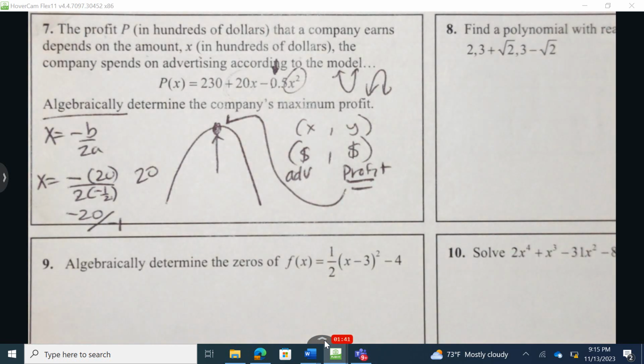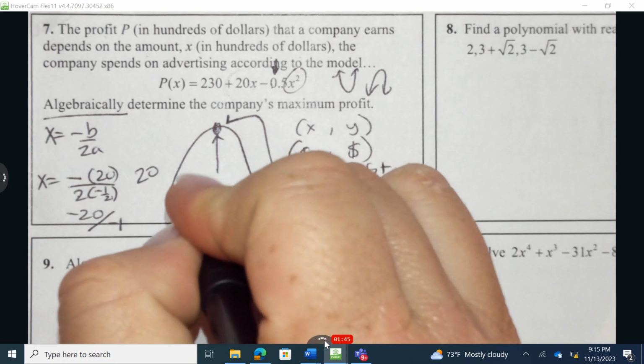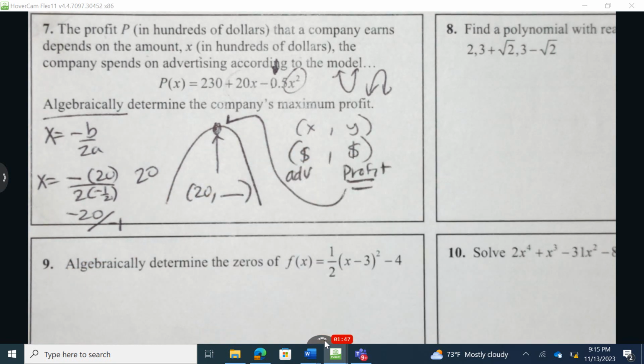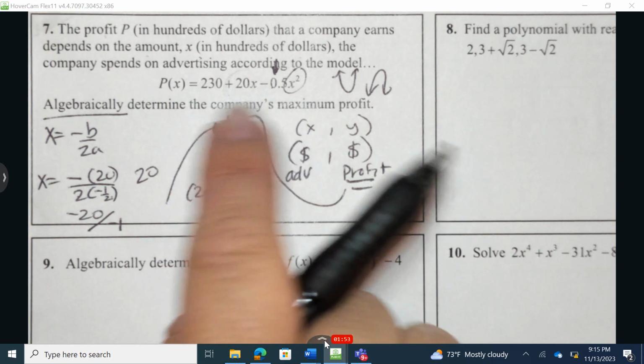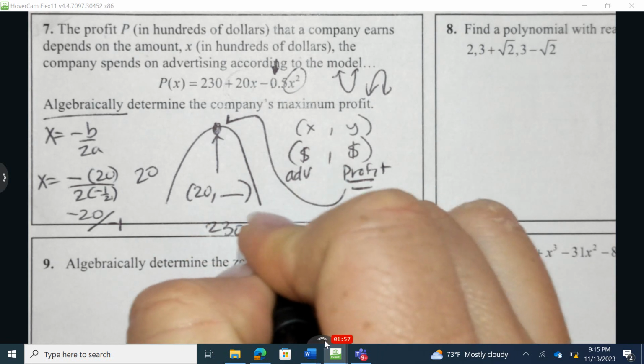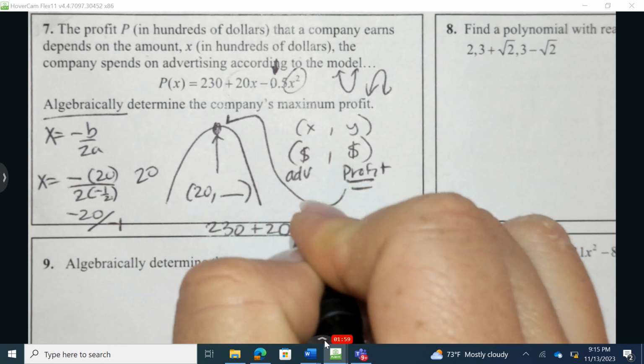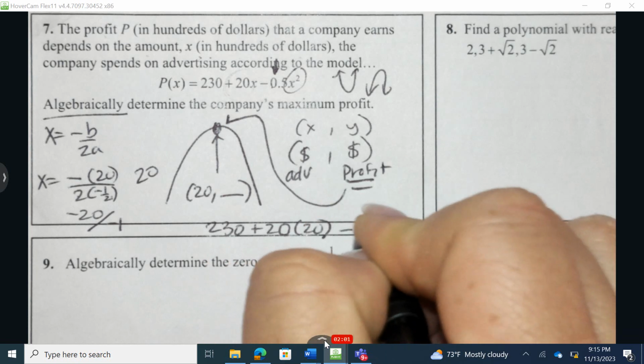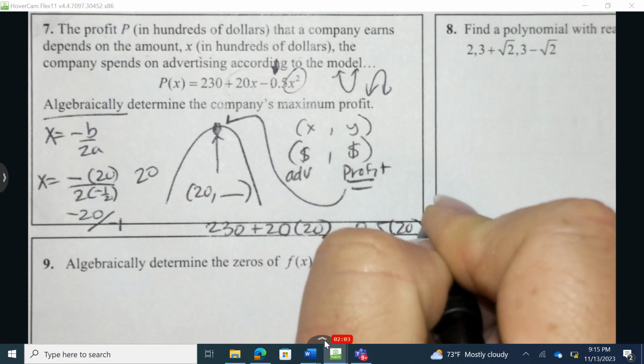So X is 20. So since X is 20, I now know this has an ordered pair of 20, but what is the Y value? Because Y represents the profit. So I'm going to go back up above, and I'm now going to plug 20 in here. So I have 230 plus 20 times 20 minus 0.5 times 20 squared.